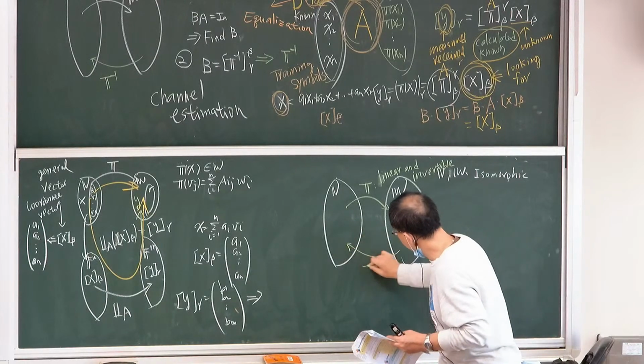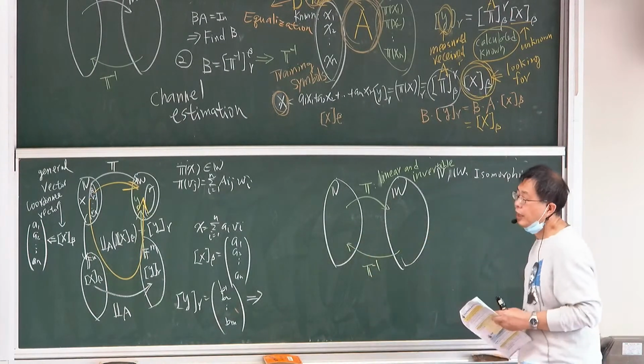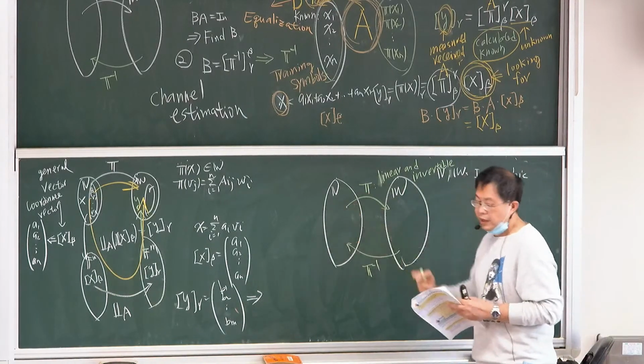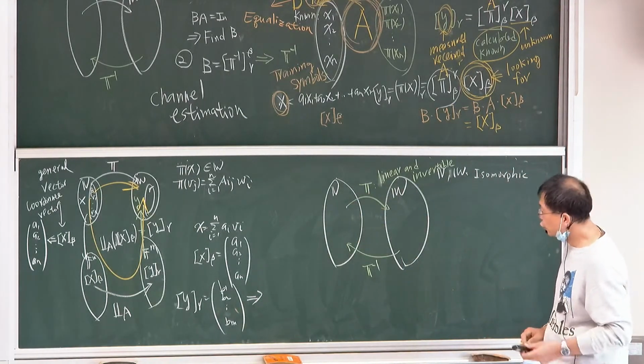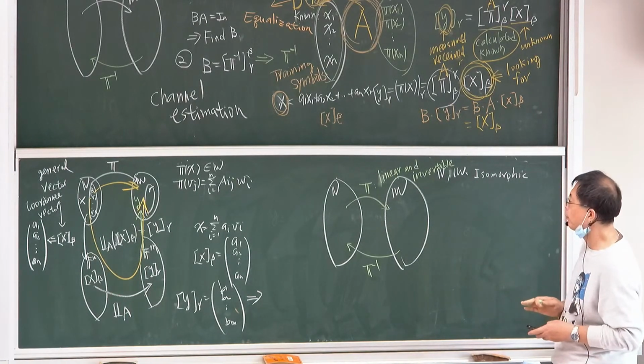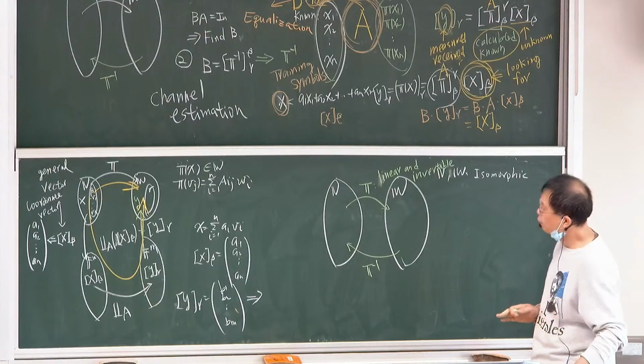So T inverse exists. If this condition is true, then V and W are said to be isomorphic.